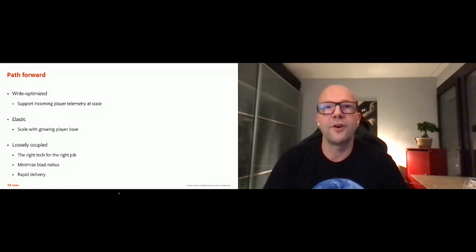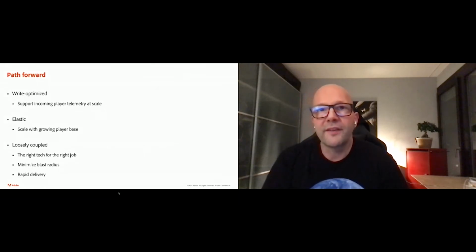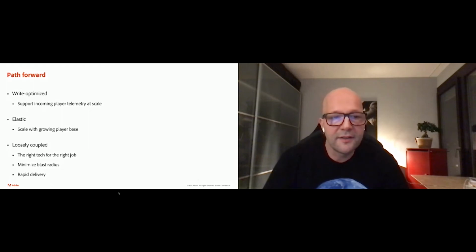Finally, we wanted an architecture that is loosely coupled. We wanted to break down the individual components of AEM Screens in a way that would minimize dependencies between functional areas of the product.